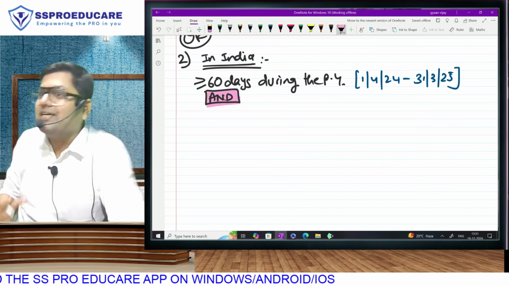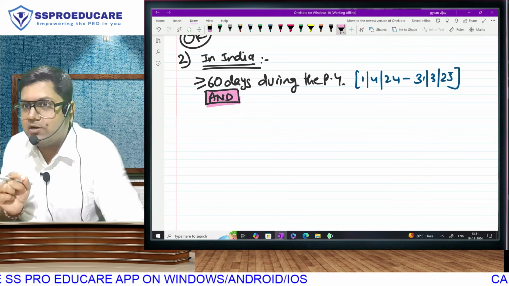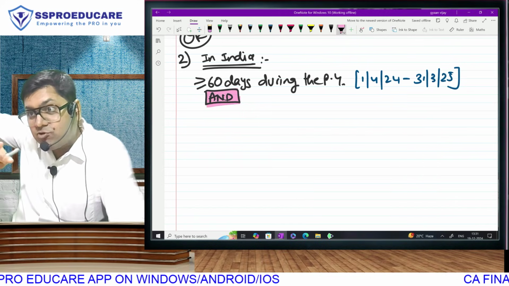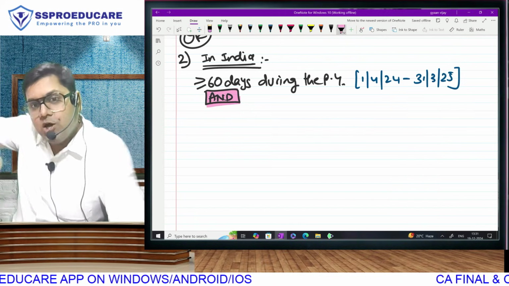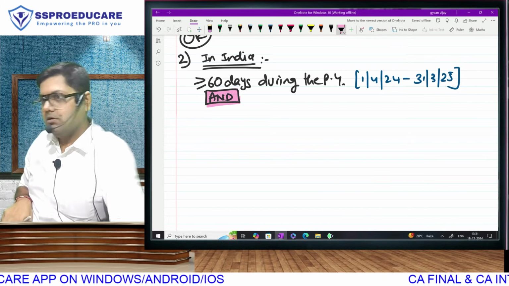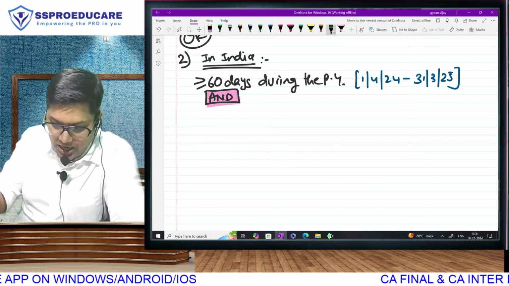So, between condition 1 and condition 2, I can write or. But within condition 2, I have to write and, because I will have to fulfill both conditions. Understood or no? So what are those two conditions?